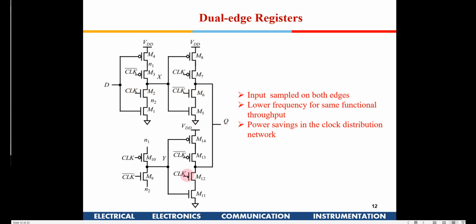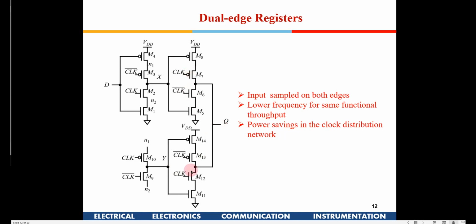In parallel you have one more set of registers here. Now this appears to be incomplete, but these two transistors can be avoided because you are connecting N1 here and N2 here. The complementary clocks are now given here. For the NMOS you are giving a clock bar here. So when the clock is low, this D will be available at the Y node, and when the clock is going from low to high, during that edge the data will be sampled and available here.